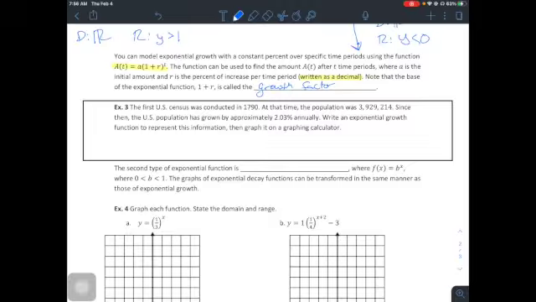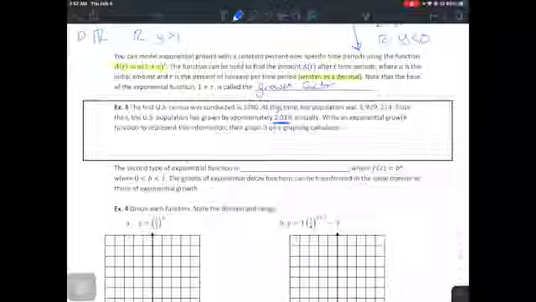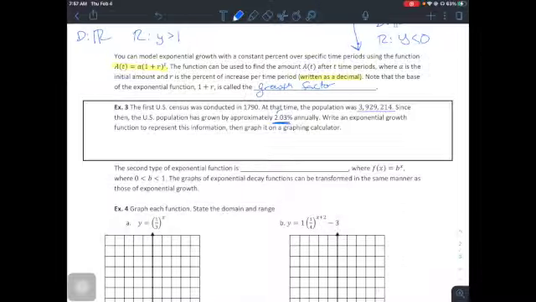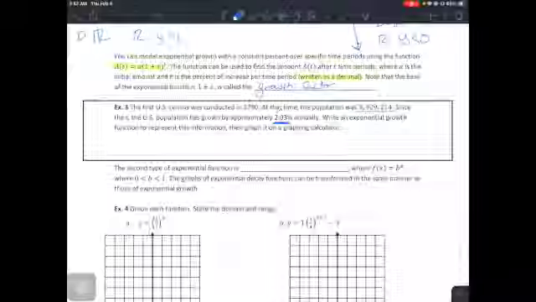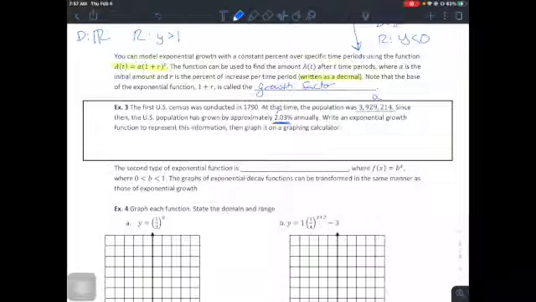Okay, so we know that the U.S. population is growing by 2.03% annually, so that's our rate. We know the initial population from the first census is 3 million, blah, blah, blah, that big number, that's our a there. And so we can write our function here.